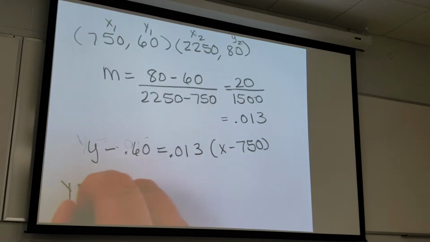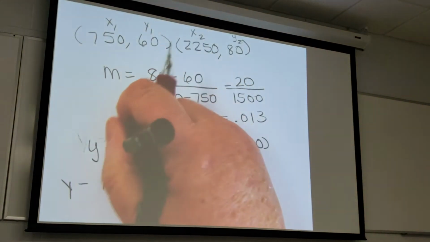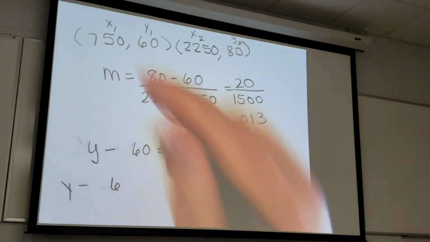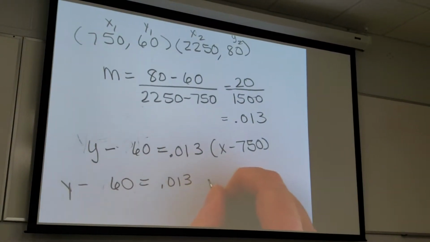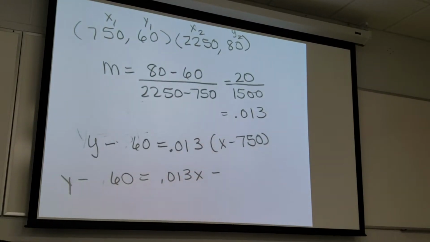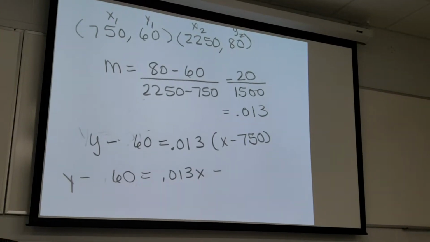So y minus 60, I don't know why I'm putting the point in. 0.013x minus 0.013 times 750.